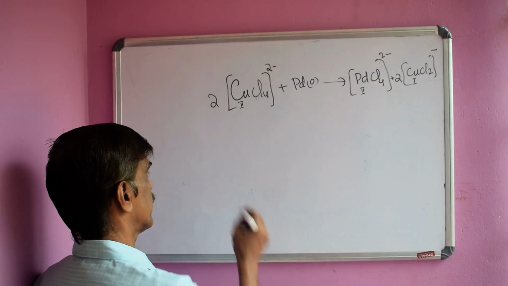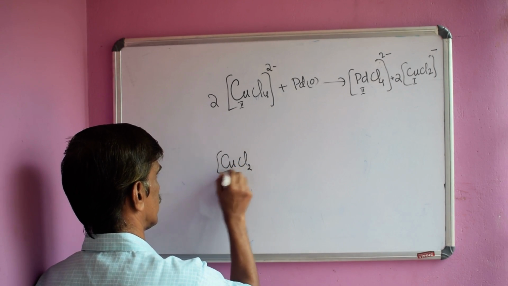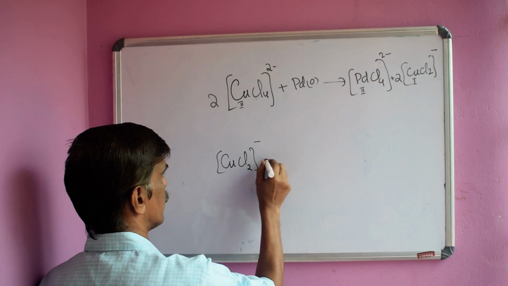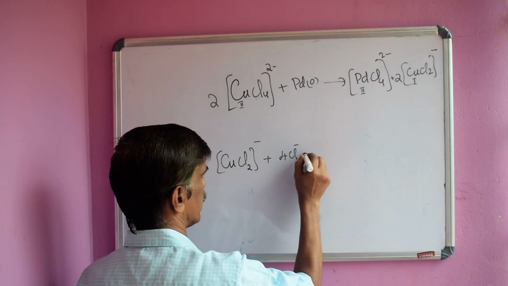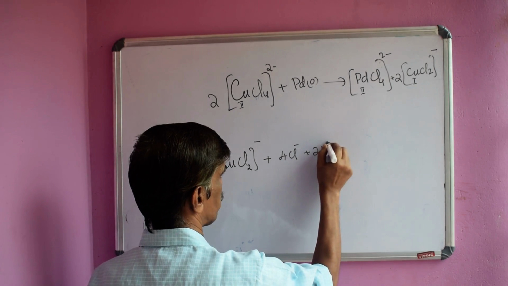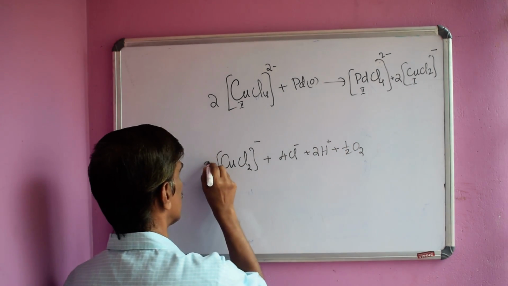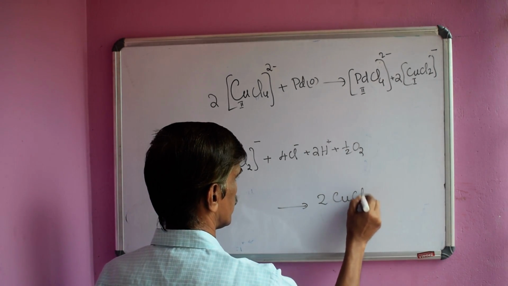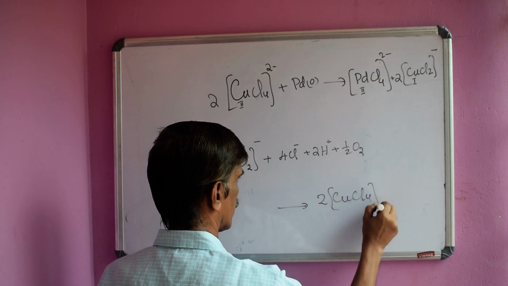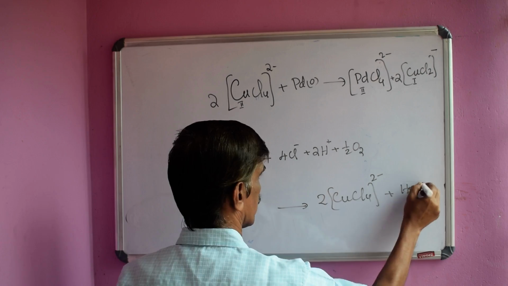So here we can see that this CuCl2 minus will react with 4 Cl minus plus 2 H plus plus half O2 to produce 2 CuCl4 2 minus plus H2O.